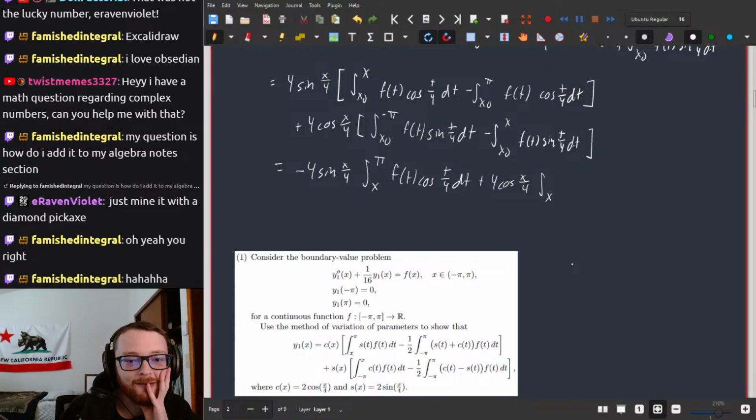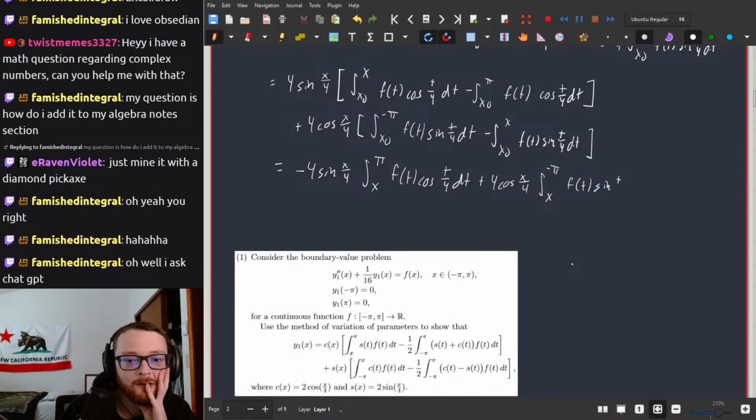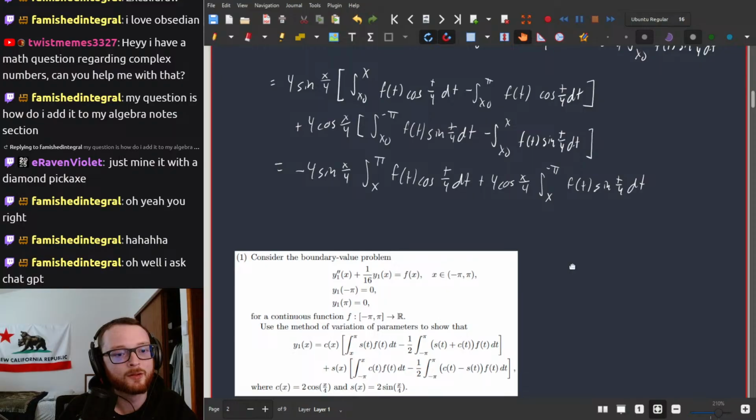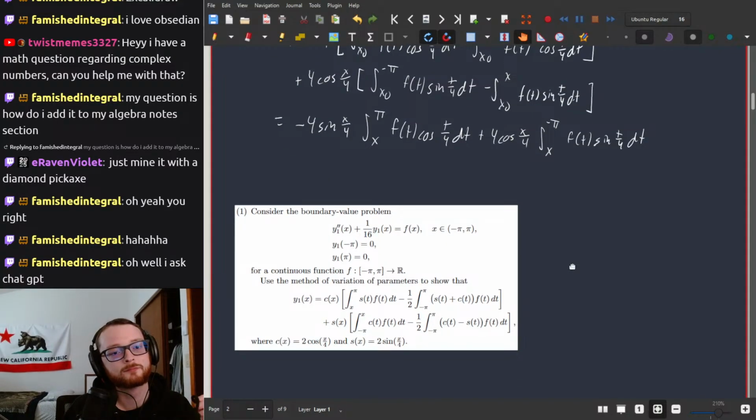Is it from x to minus pi? Question mark? And these bounds are kind of backwards.